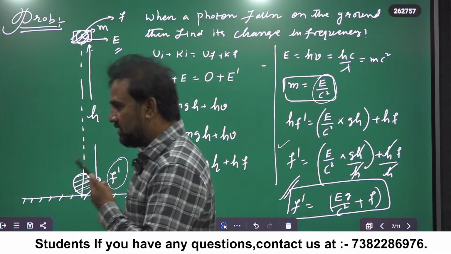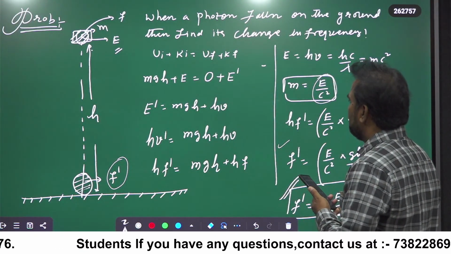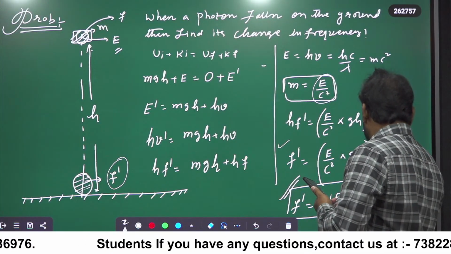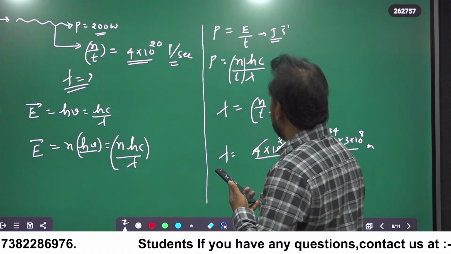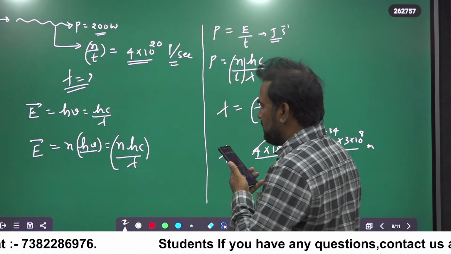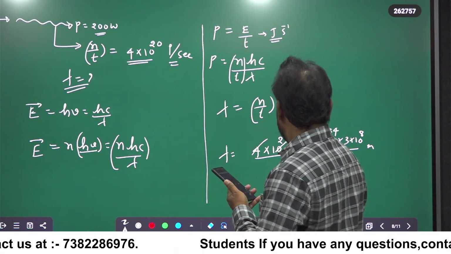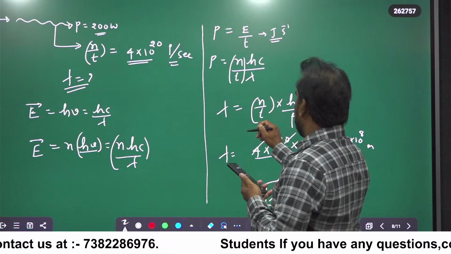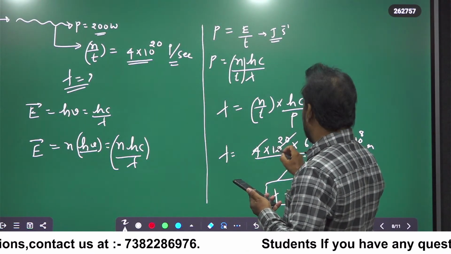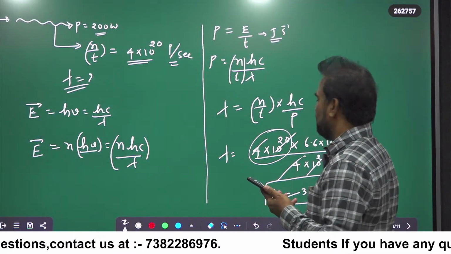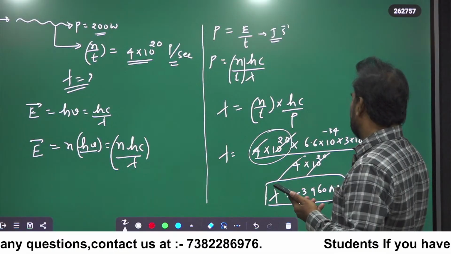And one more doubt, sir. Tell me. P is equal to 200 watts, a question with light radiation of 200 watts. Sir, in the last step, n by T equals 4 into 10 power 20, right? Yes, 4 into 10 power 20. In the place of P also you have substituted 4 into 10 power 20, sir.